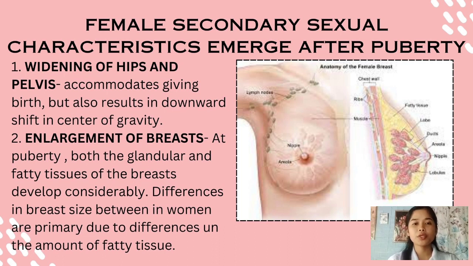So, the enlargement of breasts: when the ovaries start to produce and release estrogen, fat in the connective tissues starts to collect. This causes the breasts to enlarge. The duct system also starts to grow. Often these breast changes happen at the same time that pubic hair and armpit hair appear.